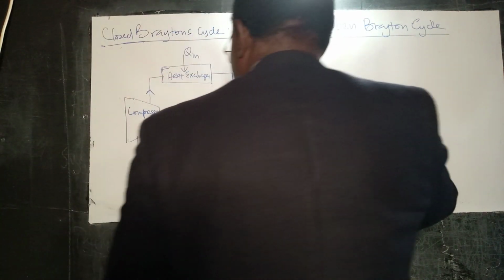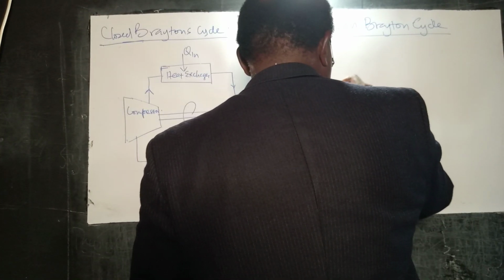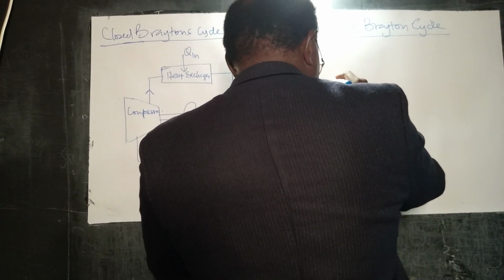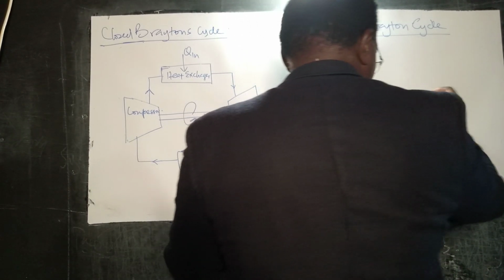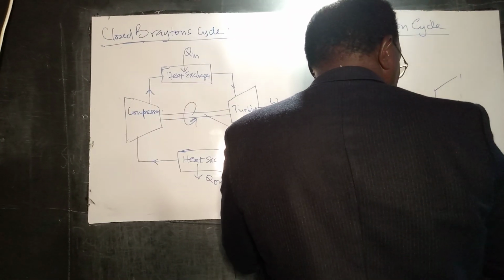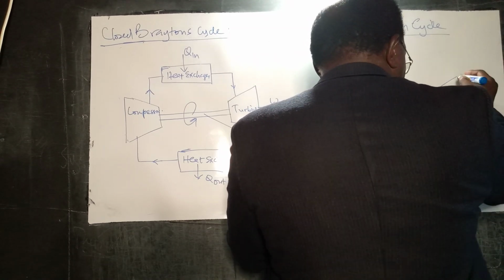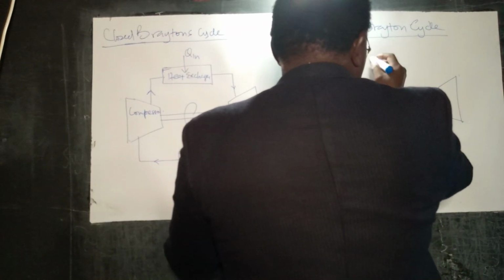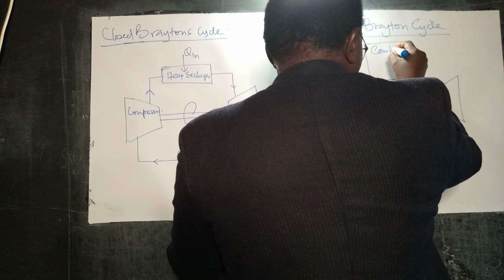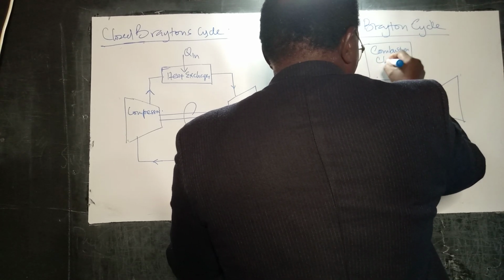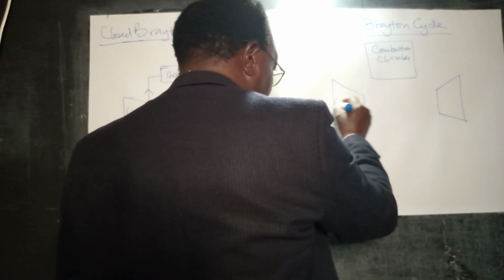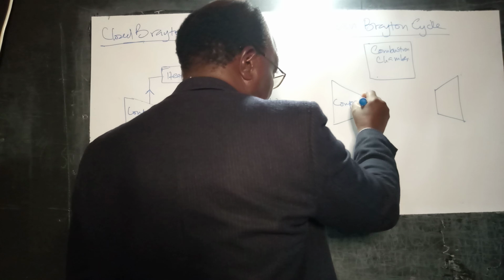So in that particular case, we still have the compressor, we still have the turbine, we now have our combustion chamber, and that, remember, is our compressor, is our turbine.